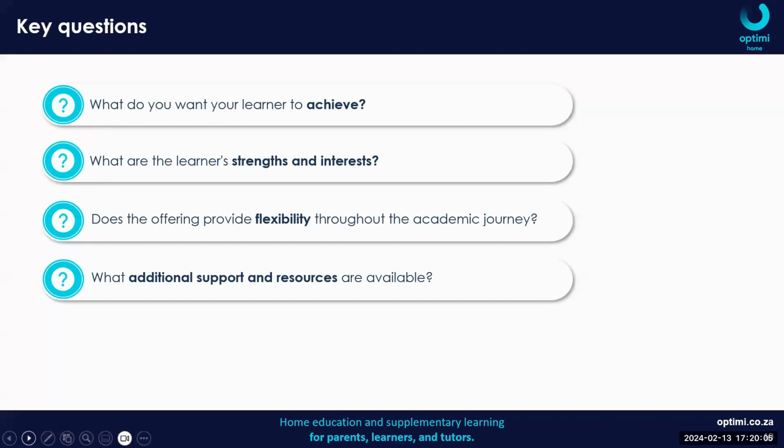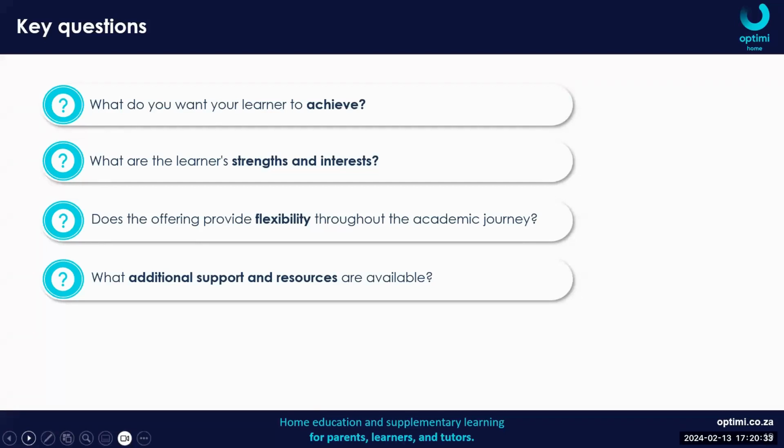And in that instance, parents can also extend the subjects, do the subjects over more years, allow that child to complete all of the subjects to at least at the end of grade 9 have completed everything that they need to complete in line with CAPS. It's always important to think about your child's strengths and interests when making this decision.